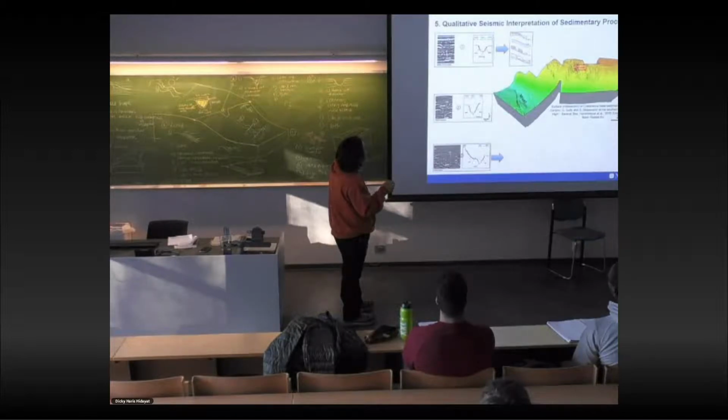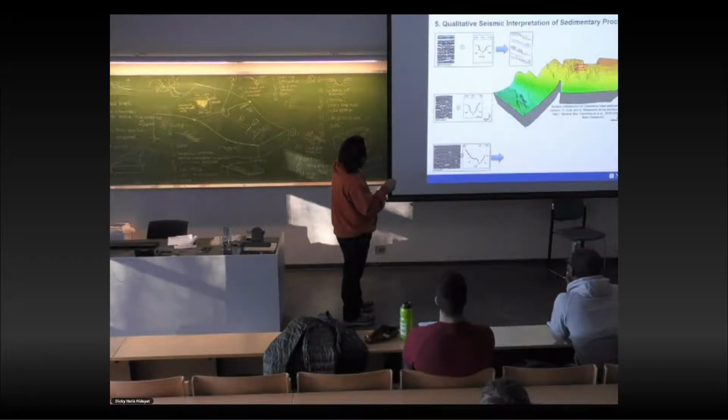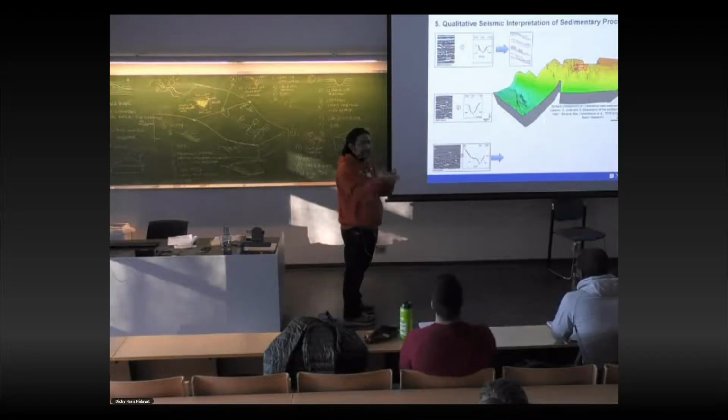This part is showing high amplitude, this one is low amplitude, and this is high amplitude. So it's a mixture between high and low amplitude because, as I said before, when it's eroded, it's a mixture between the formation below and the material that was eroded.